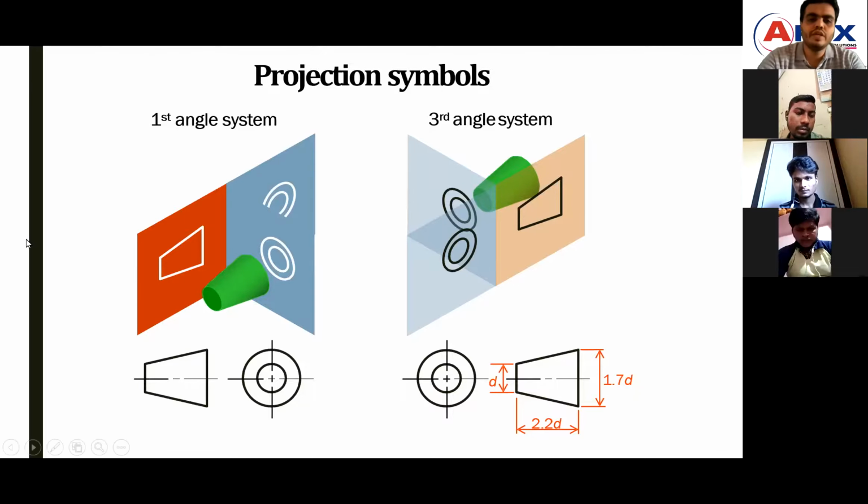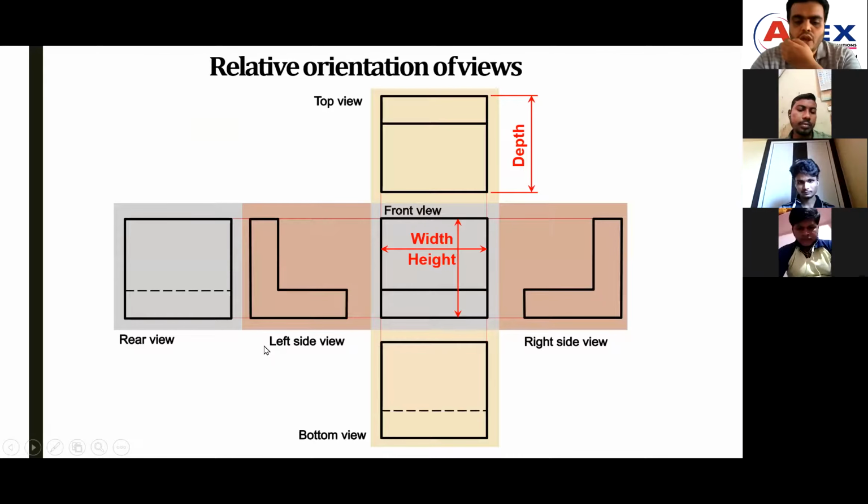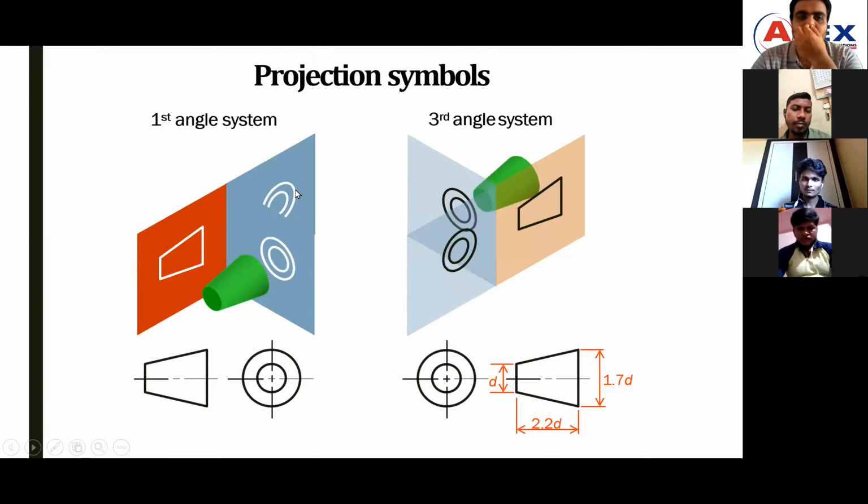Here I will explain how you have to consider the first angle of projection. Consider this is a cone. What is the first angle of projection? How will the views be in the first angle of projection? The front view will be above the horizontal line.